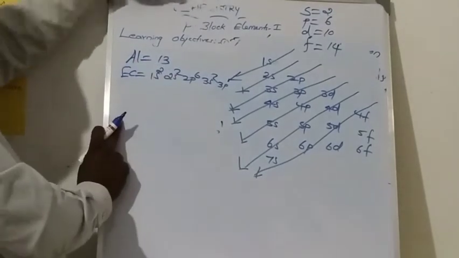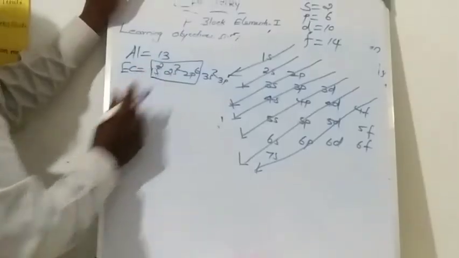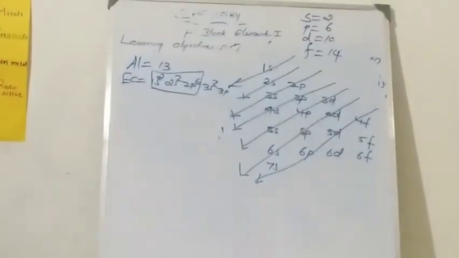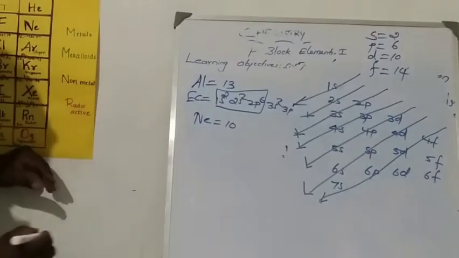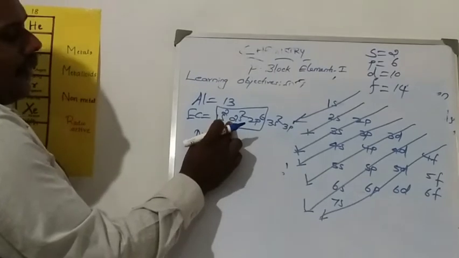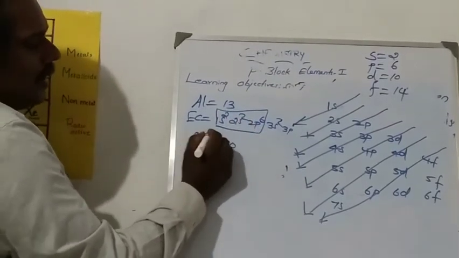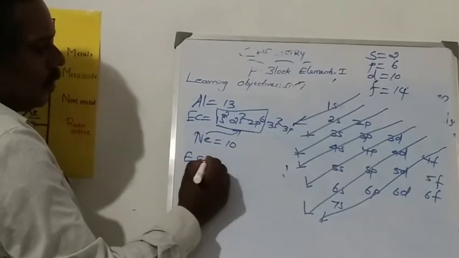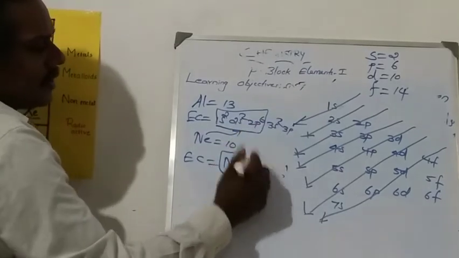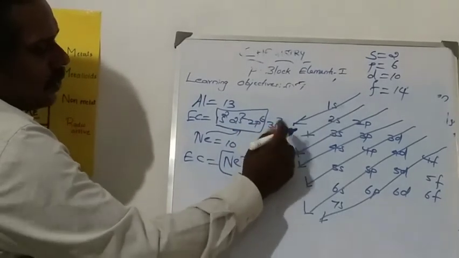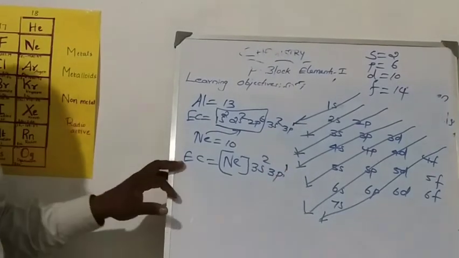Here we are using neon. The reason is the atomic number of neon is 10, and for 10 the electronic configuration is 1s2, 2s2, 2p6. So EC is equal to neon in brackets, next 3s2, 3p1. This is the short form.